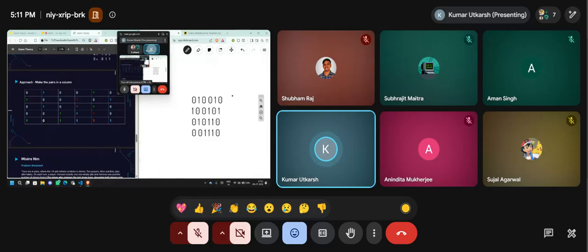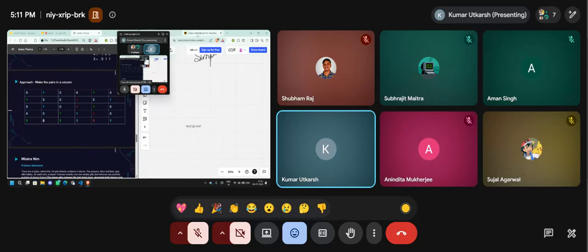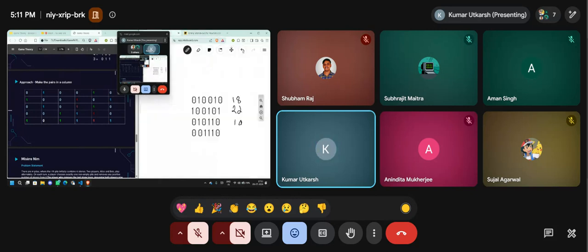These are the binary representations of the values 18, 22, 14, and 22.